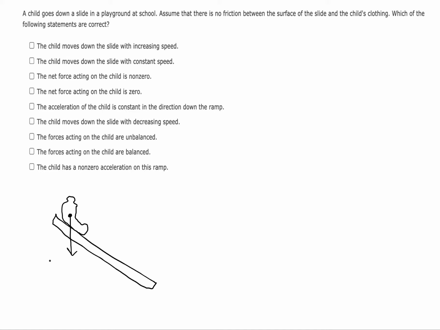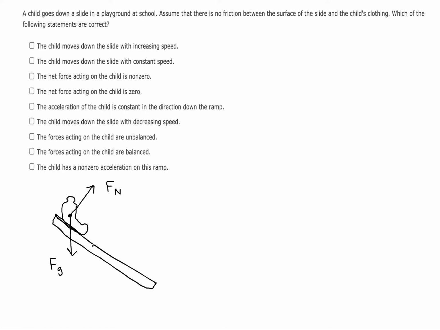There will be a weight, Fg, and there will be a normal force, but because it's at an angle, normal means perpendicular to the surface. Since this is the surface, we want to go perpendicular to that with our normal force. So we would see something like this in the force diagram, and those are the only two forces that are relevant.